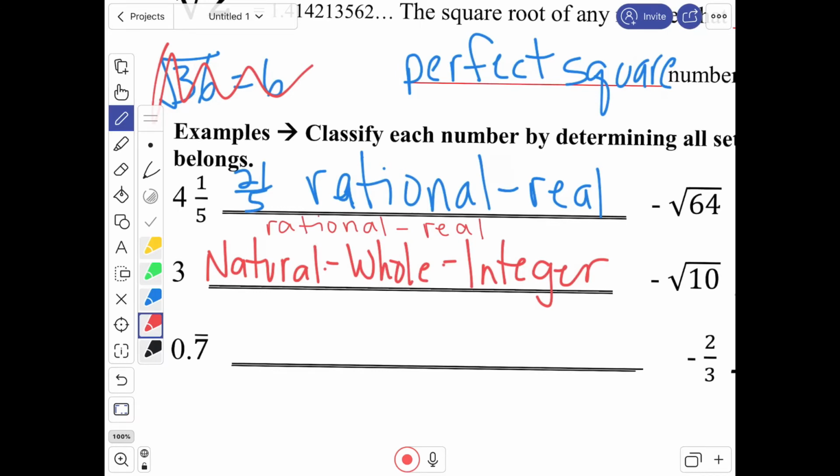So it's all of those. If it goes into the tiniest circle, then it's all the bigger circles. 0.7 repeating can be written as a fraction, 7/9. Therefore, it is a fraction, so it's not natural, it's not whole, it's not the opposite of a whole, which is an integer. It's just rational, because it's a fraction, and if it's rational, it's also real.